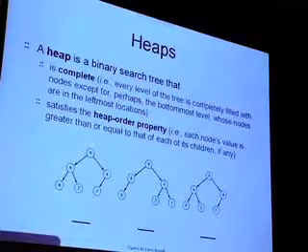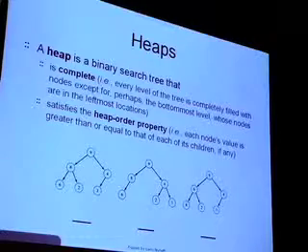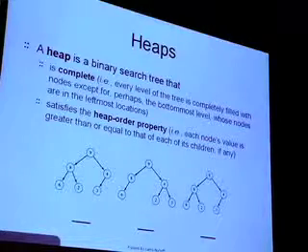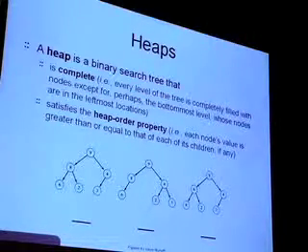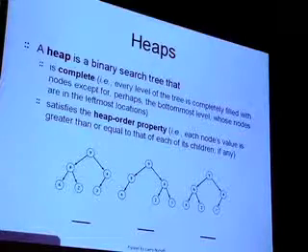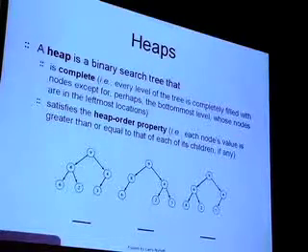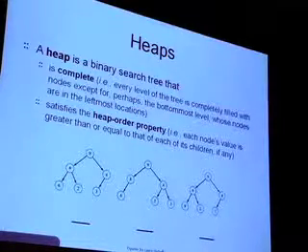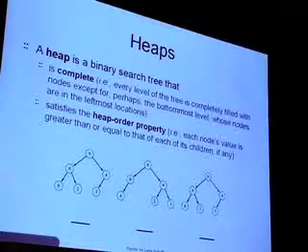Well, that just means that if you start drawing this tree, all of the nodes are as far over to the left and as high up in the tree as possible. That is, any holes, so to speak, pictorially in the tree are only at the bottom right of the tree. You don't have random leaves missing in the middle of the tree or on the left-hand side. Okay, with that said, there's this last property.